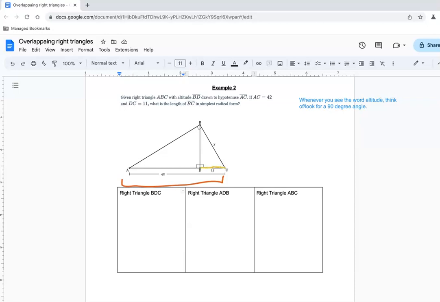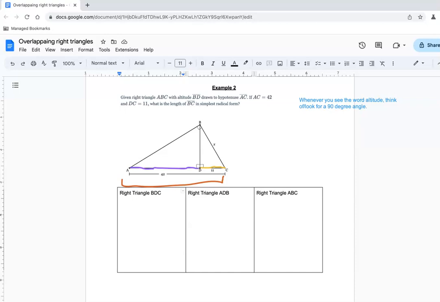So if that's 11 and the whole thing is 42, what can we find at this point? You should notice, and hopefully you said, we should be able to find AD, right? AD plus DC must give you the entire thing.